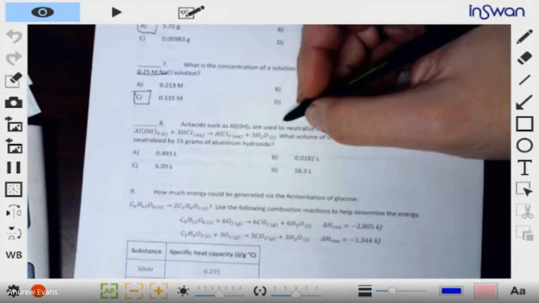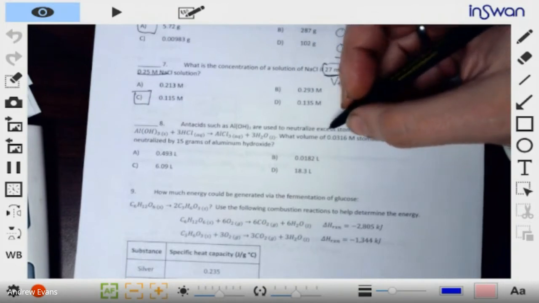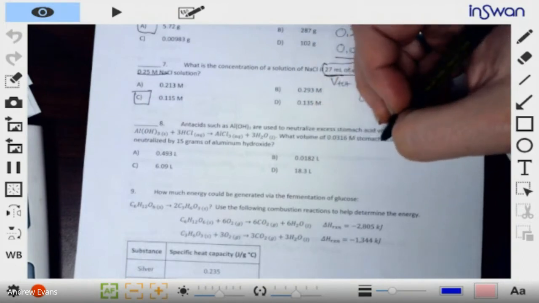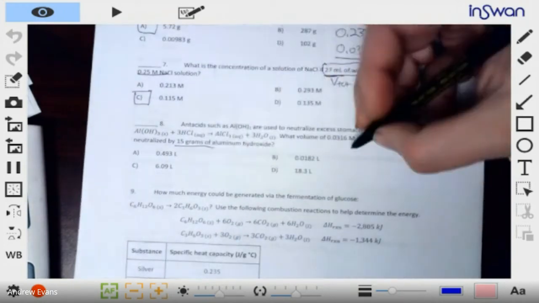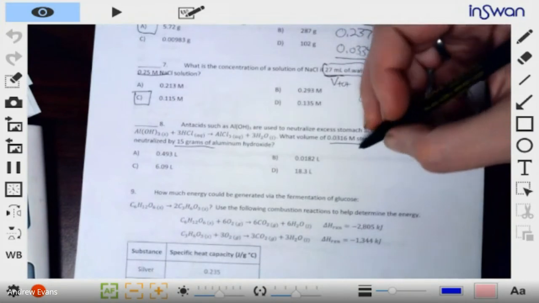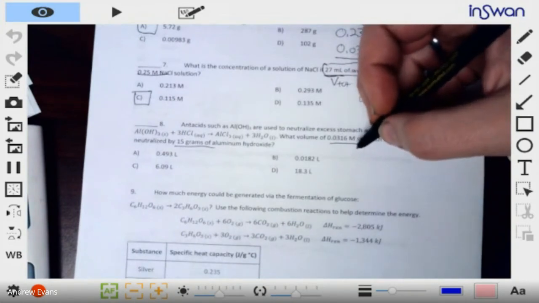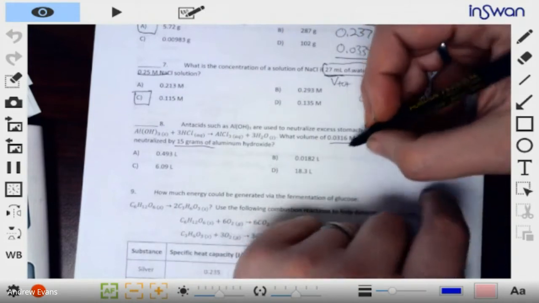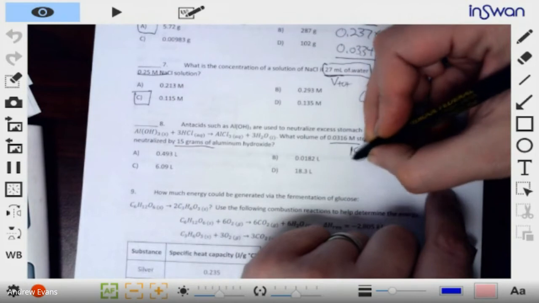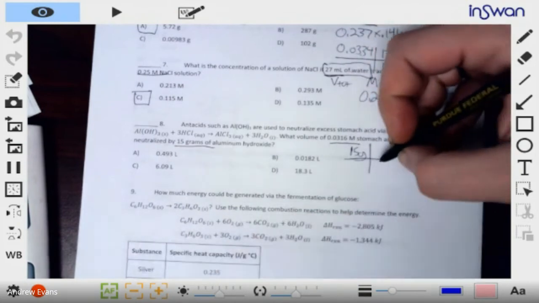Antacids such as aluminum hydroxide neutralize excess stomach acid via reaction. What volume of this stomach acid could be neutralized by 15 grams? So we're given 15 grams and a molarity, and we're asked to calculate a volume. So that's a grams to moles to volume type problem. So start with 15 grams of aluminum hydroxide, and we ask, what is the molar mass of aluminum hydroxide?